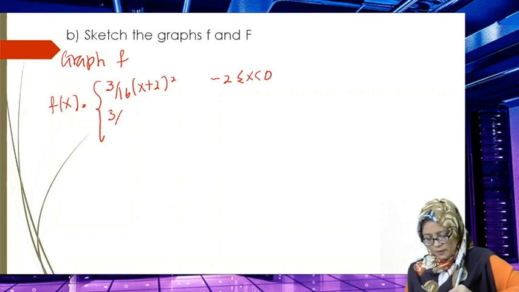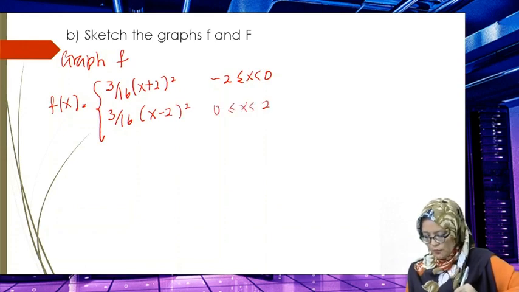So 3 over 16 (x minus 2) squared for 0 until 2. So then 0 otherwise.